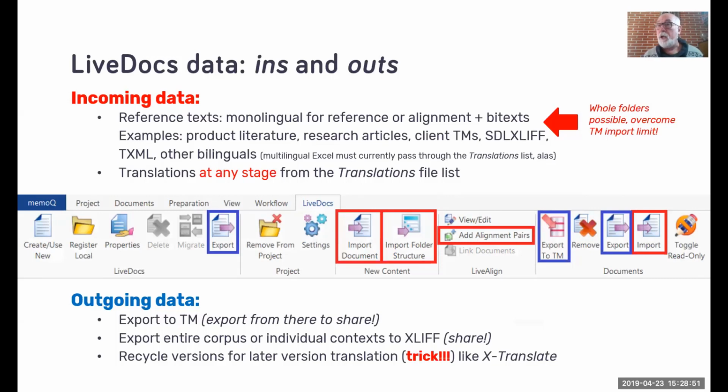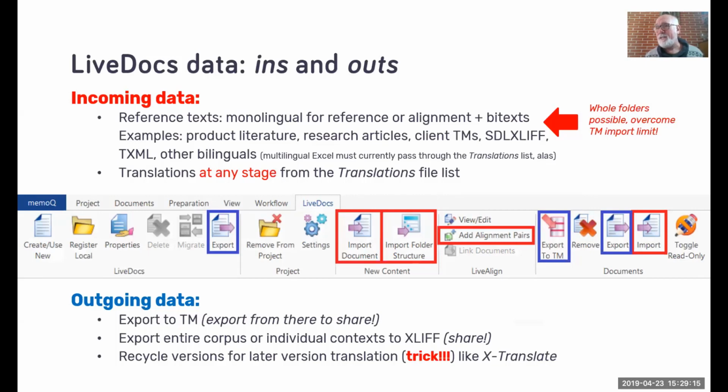Okay, now, the other red boxes that I have marked here. Under live alignment, there's alignment pairs. We'll see alignment a little bit later. And you also have on the far right-hand side something called import. You're not going to use that most of the time because the documents that they're talking about there are LiveDocs documents. Unfortunately, the menu ribbon doesn't tell you that, but it is.